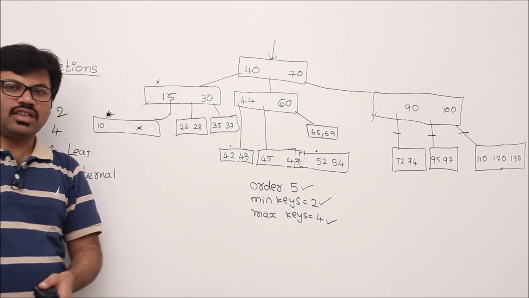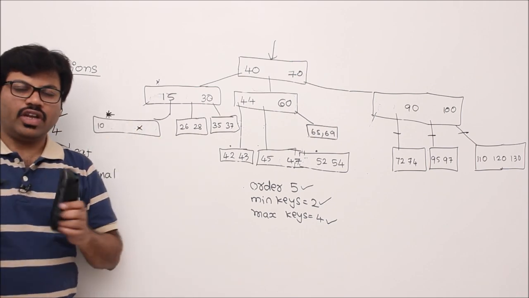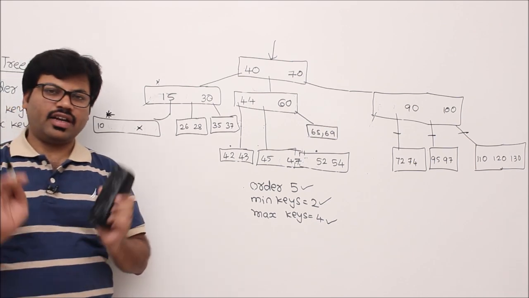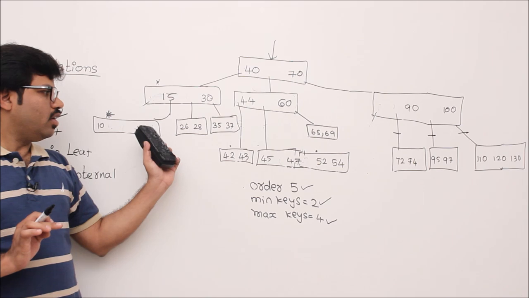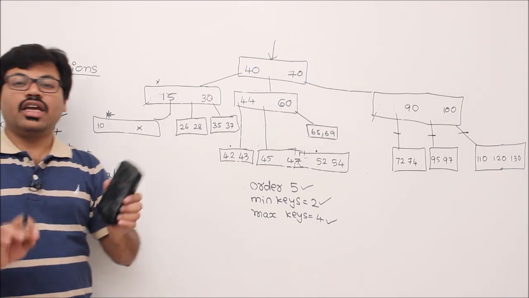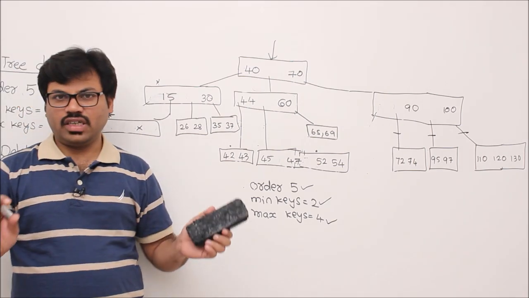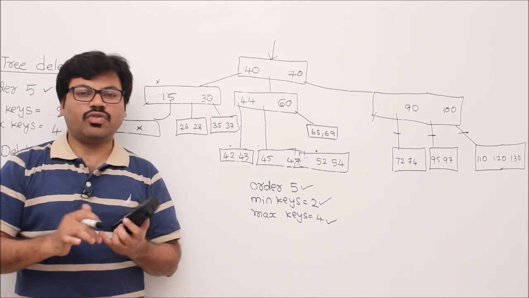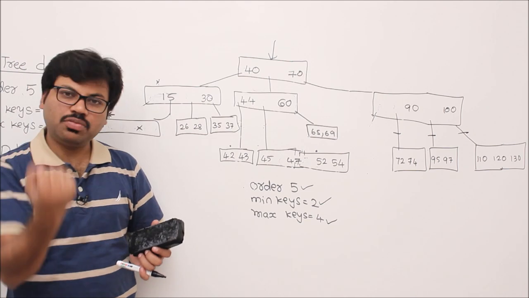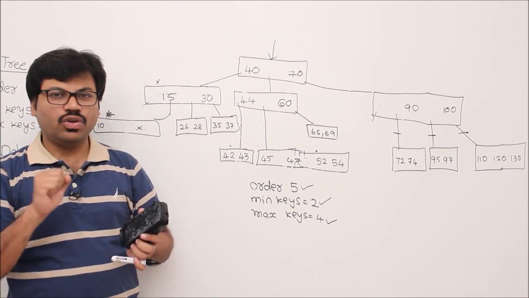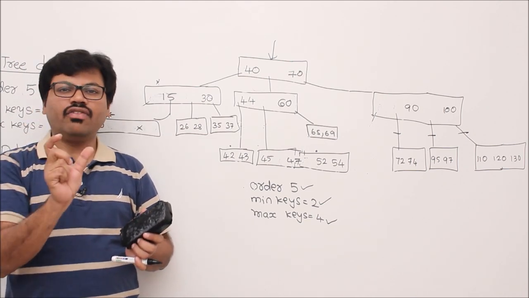How do you handle the deletion from a leaf? Let's revise. Whenever you have deletion from a leaf and there is an insufficient keys problem, then borrow from the left sibling or right sibling. If it won't work, then go for merging. When you do that merging process, what can happen? The error may propagate to the next level because you are pulling down some key. When you do that, your internal node will have fewer keys.